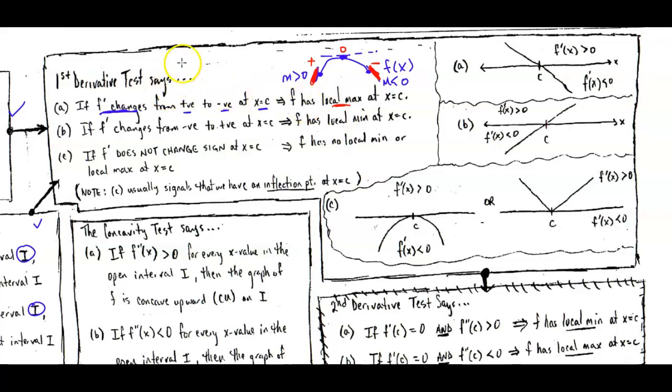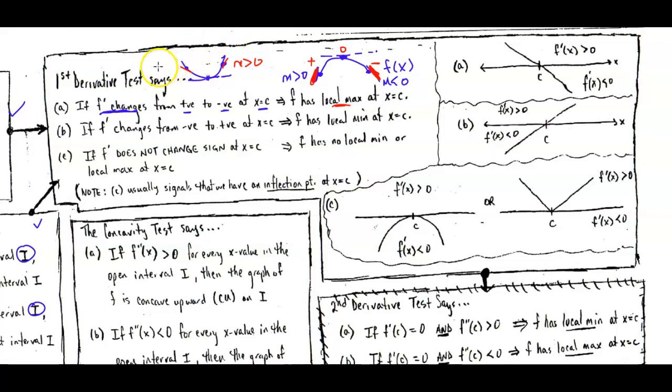Now, similarly, if my function looks like this, and of course I have a horizontal tangent line here, and I pick a point here and a point here, this point is going to have a tangent line with a negative slope. This point is 0, and this point is going to have a tangent line whose slope is positive.